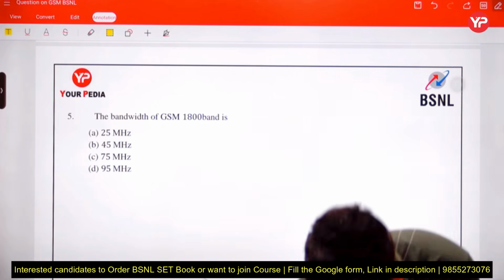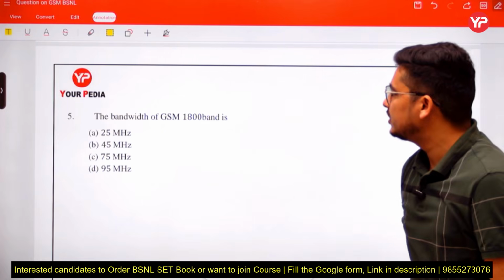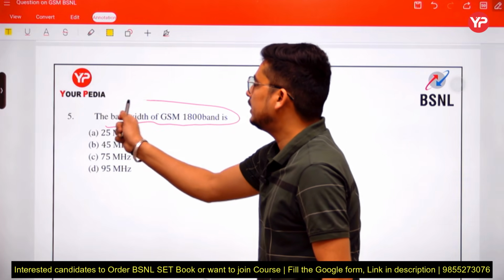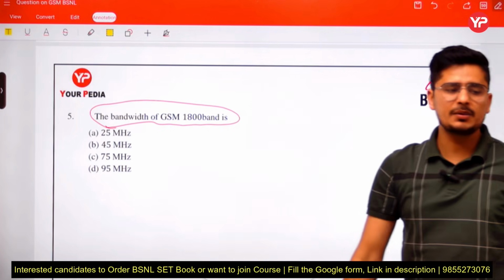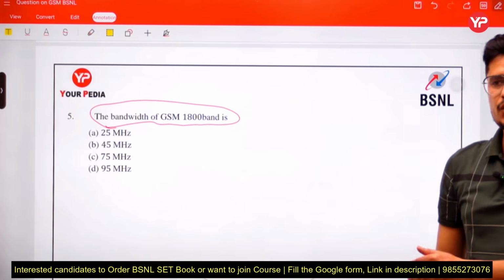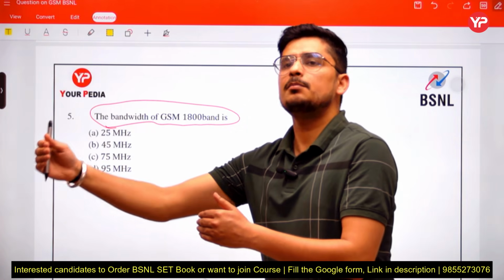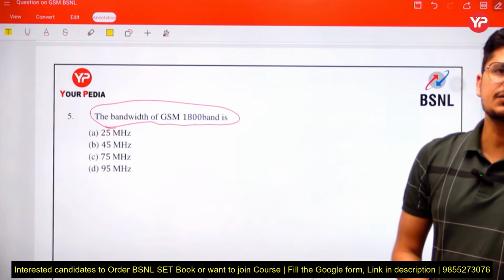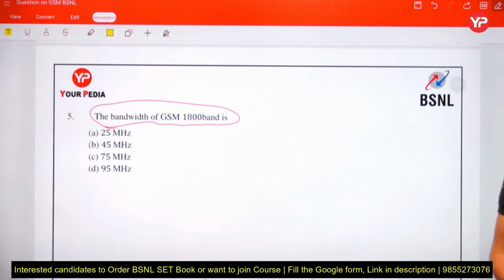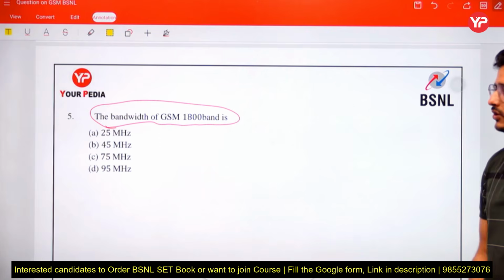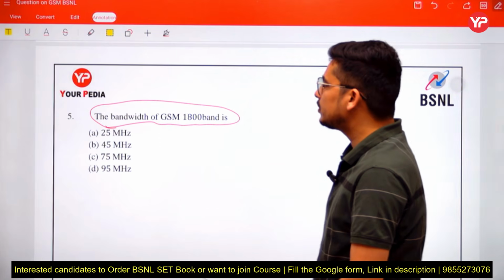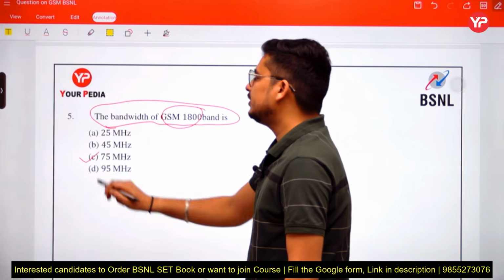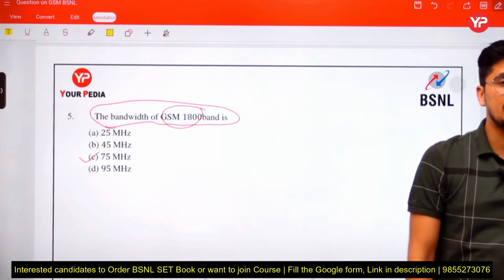Next question: what is the bandwidth of the GSM 1800 band? Bandwidth means the highest frequency minus the lowest frequency. So the bandwidth of the GSM 1800 band should be 75 megahertz.